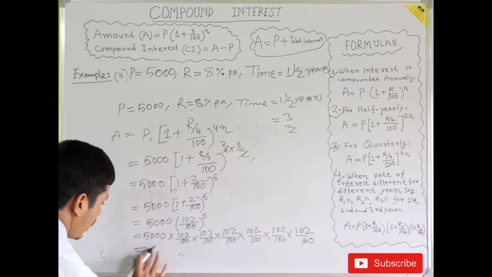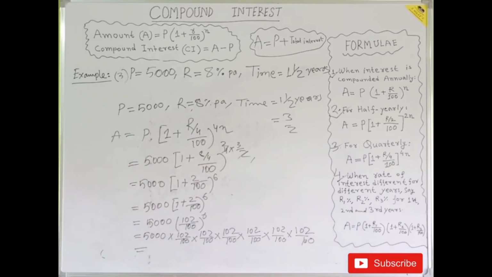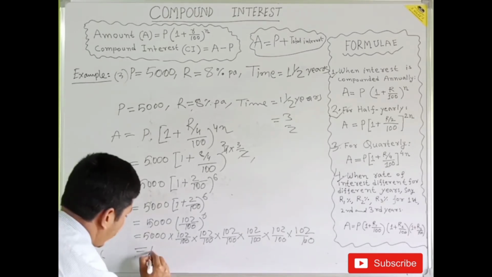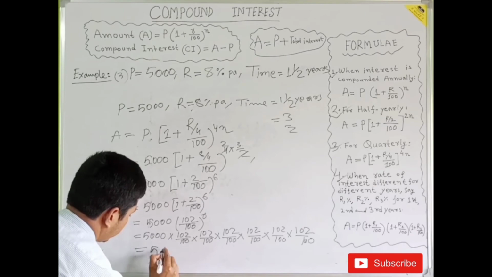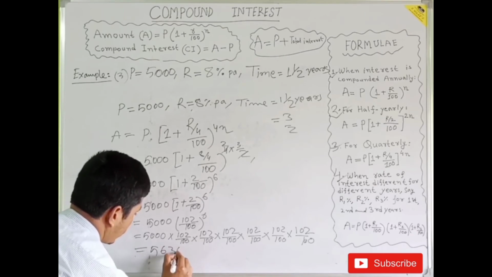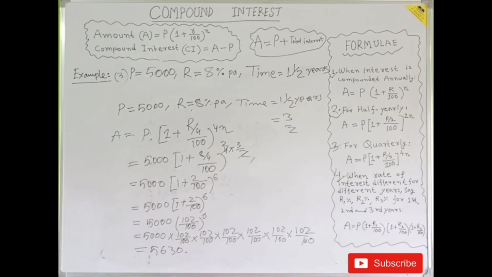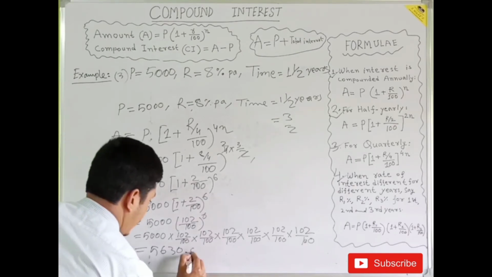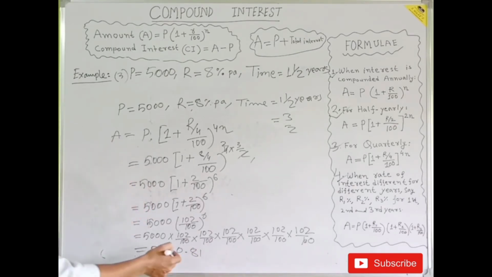When we calculate this, we get 5630.81. It is the amount.